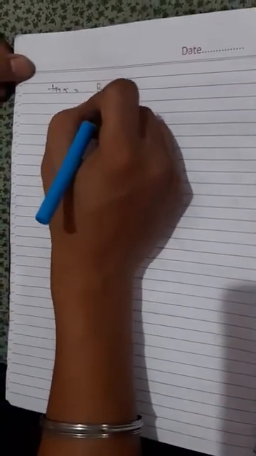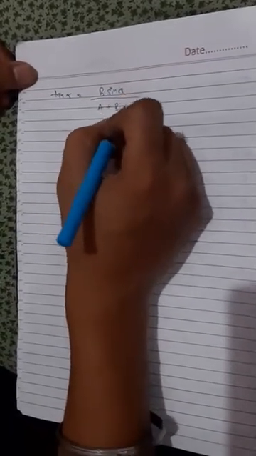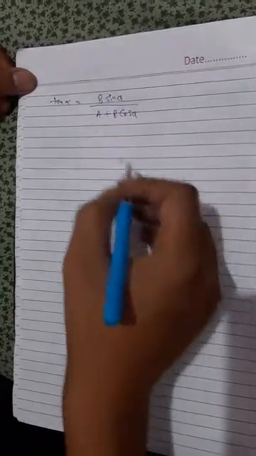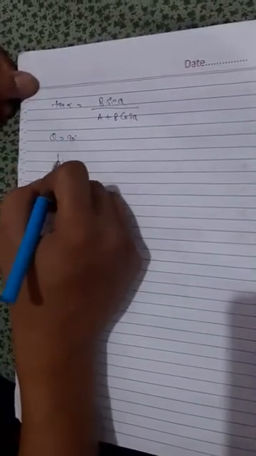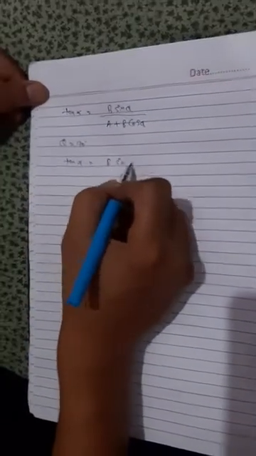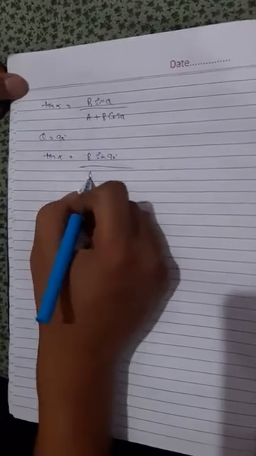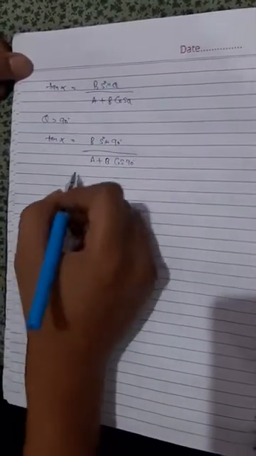Now let's find its angle. The formula we know is b sin theta upon a plus b cos theta, and here theta is equal to 90 degree. So b sin 90 degree upon a plus b cos 90 degree.